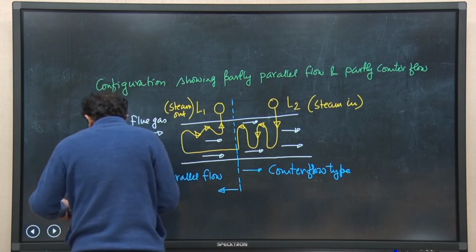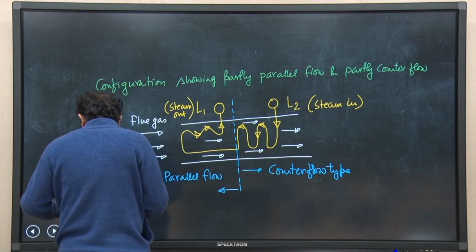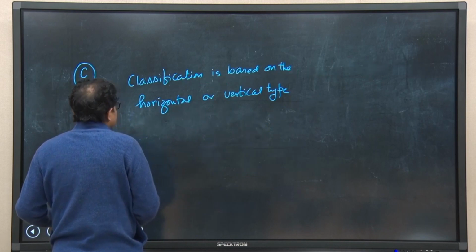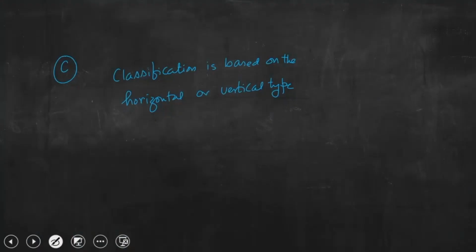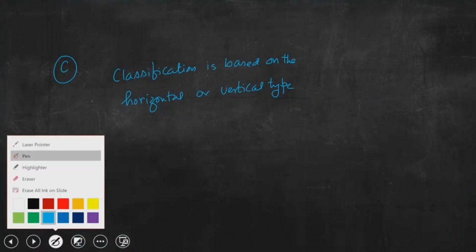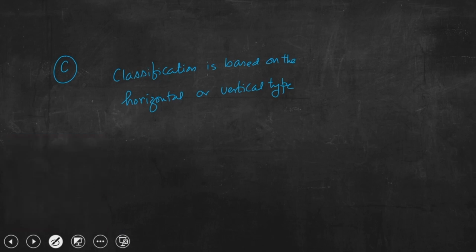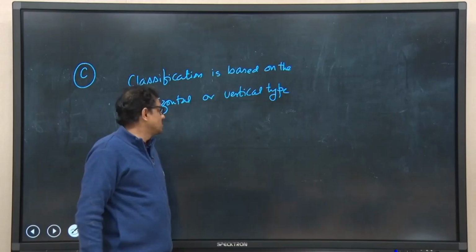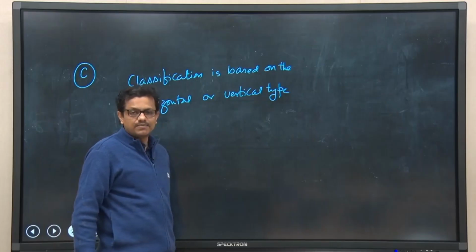So, whether the coil is in the horizontal plane or in the vertical plane, depending on this particular aspect, the superheaters can be classified into 2 subclasses, one is horizontal type, another is vertical type.